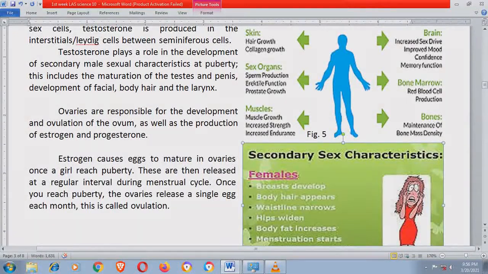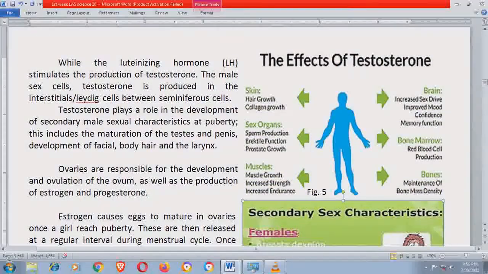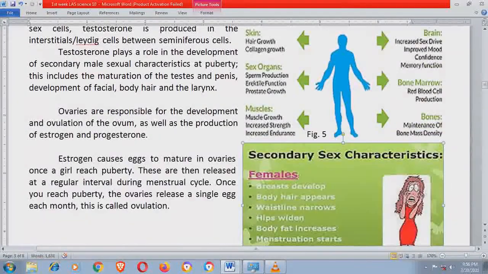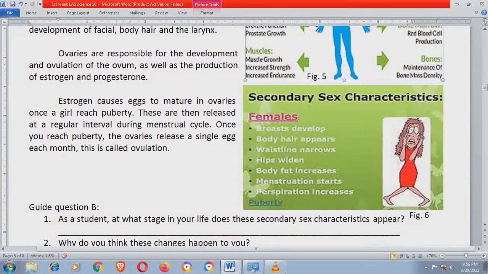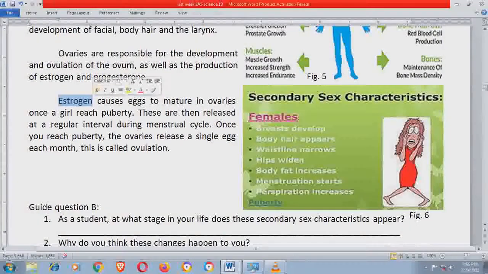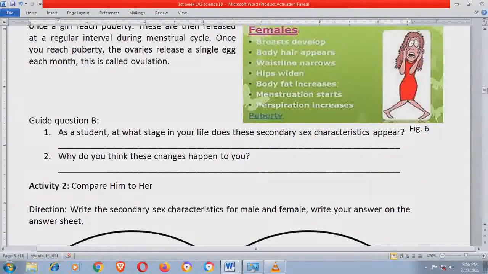So dito, malalaman ng mga bata kung ano ang cause ng secondary sex characteristics, bakit lumalabas, bakit nagkakaroon ng pagbabago. Sa lalaki, ito yung testosterone. Sa babae naman, nagbabago yung kanilang katawan because of the estrogen and progesterone.